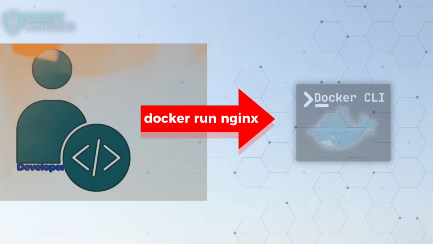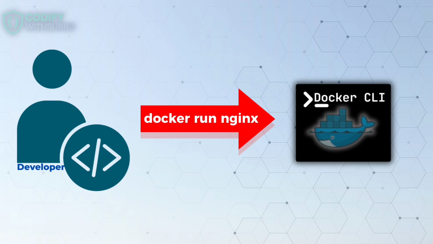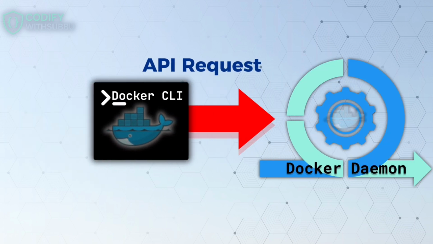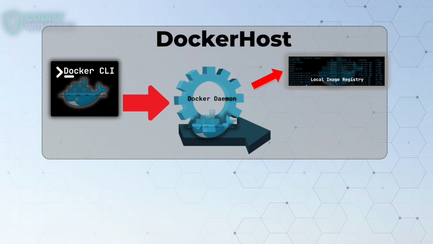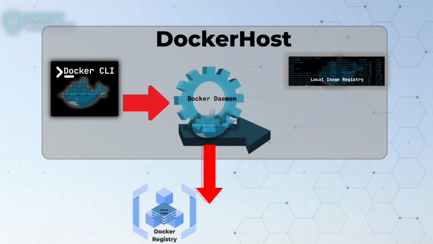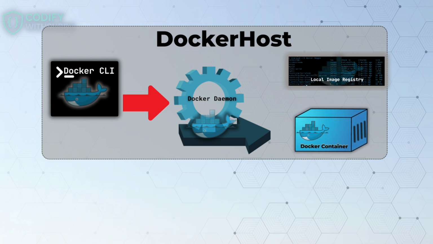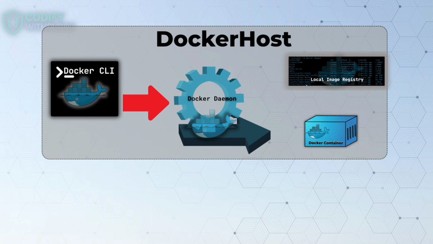So here is how it works under the hood. Let's say you run the docker run nginx command. The CLI sends this request to the daemon. The daemon checks if the nginx image is present locally. If not, it pulls it from a Docker registry like Docker Hub, creates a container from that image and starts it.